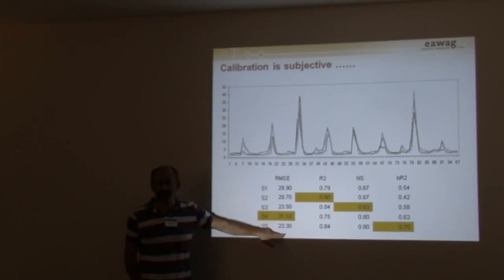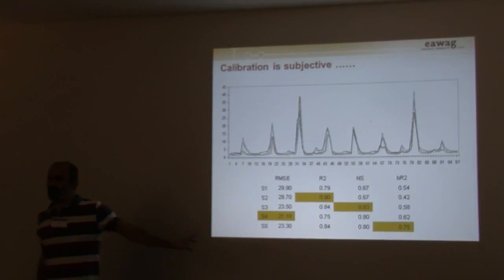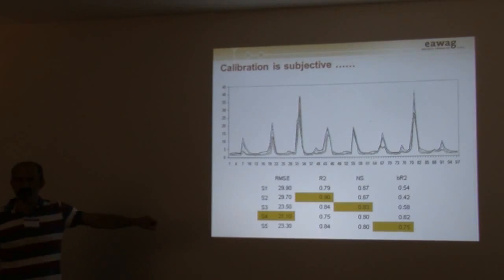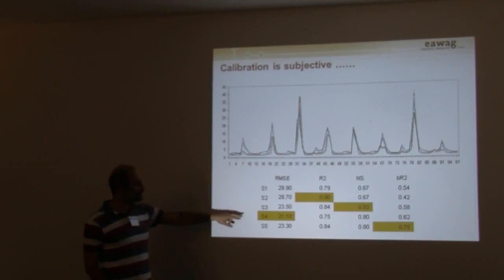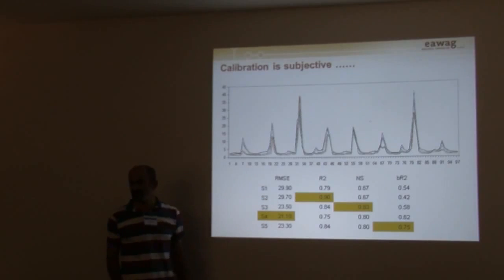And in fact, if you do a statistical test of comparison of the significance of the differences here, you will see that statistically they are not different. So that means any of them could be a solution, really. Or all of them could be the solution to your problem.